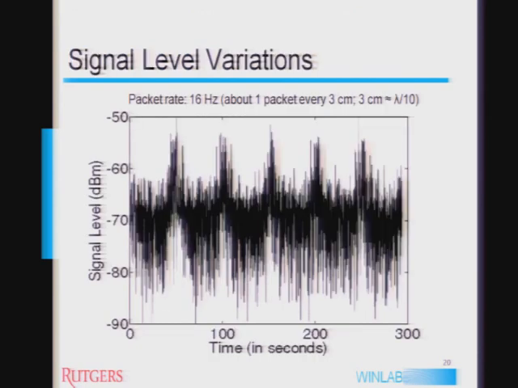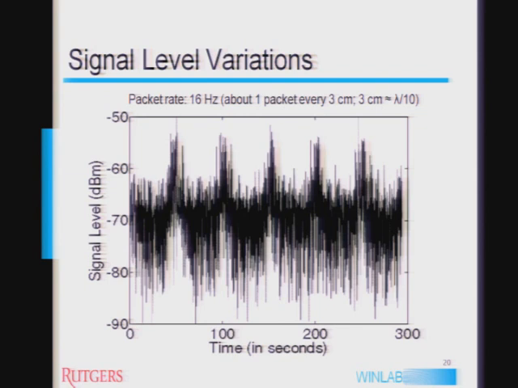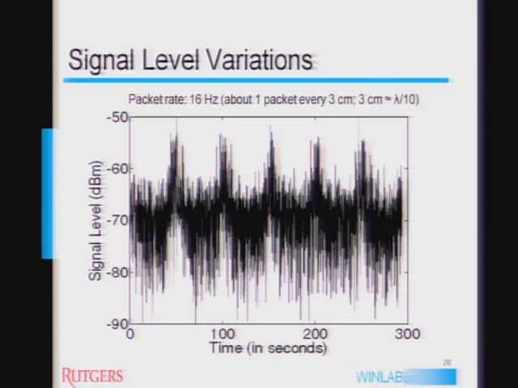I think this could be an explanation of your question. This data was collected for one of the experiments when I was moving in circles. This is the data at one of the receivers.